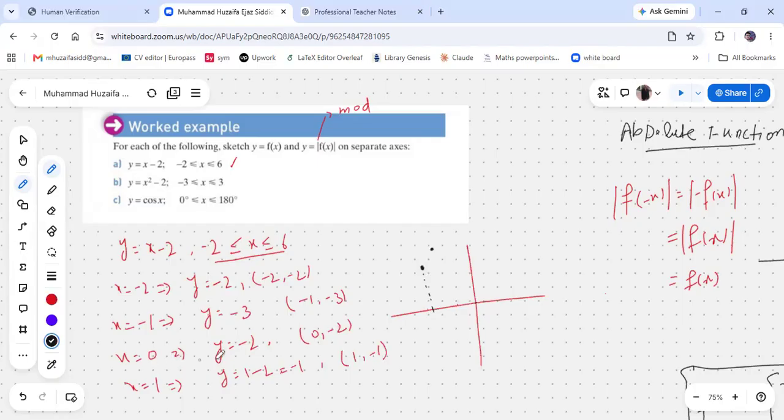When we put x is equal to 0, y is minus 2, so our next point is here. After this, we put 1 and minus 1. Got it?